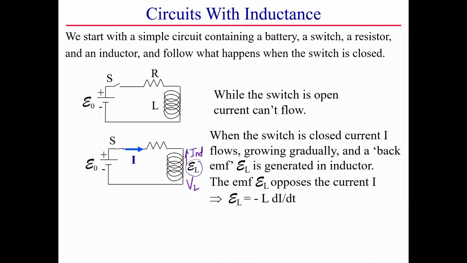So as we have an increasing current, so if I is increasing, then di dt is positive. If I is decreasing, di dt is negative. Okay, so like if I was to suddenly open the switch again, I lose my power supply, creating that EMF, and so my current would start to drop, in which case the sign of my EMF would actually flip.